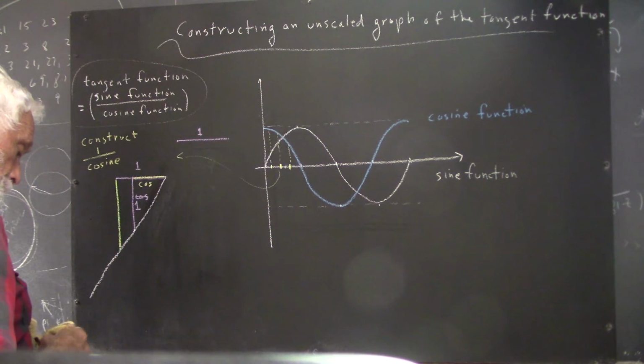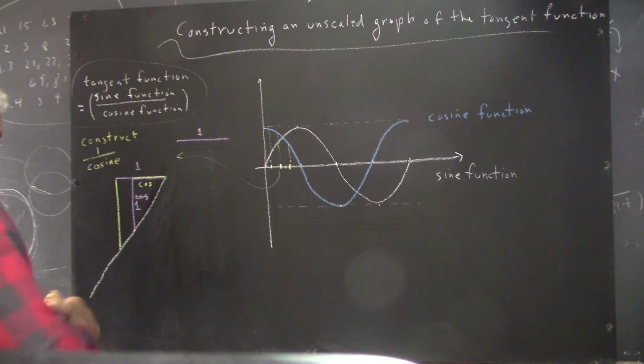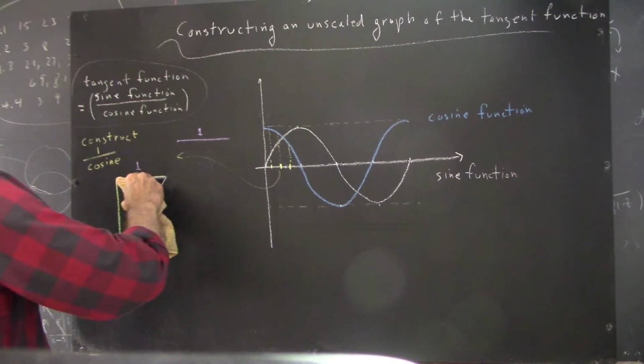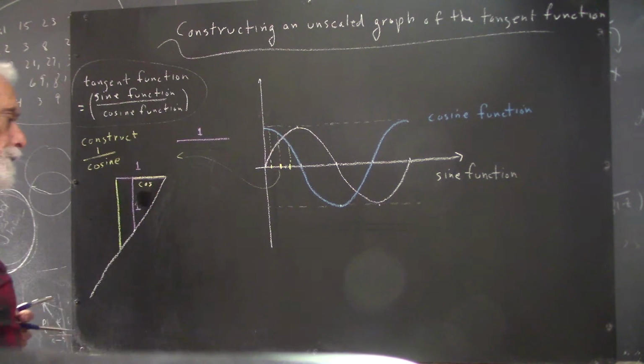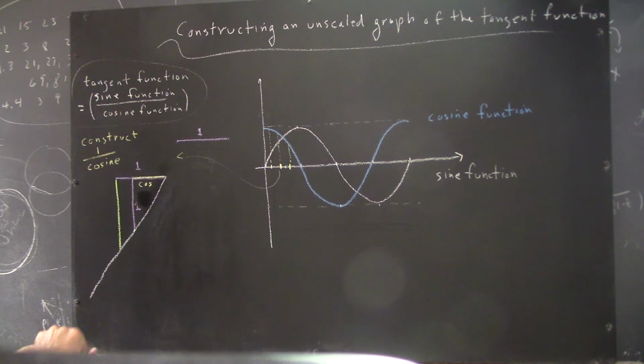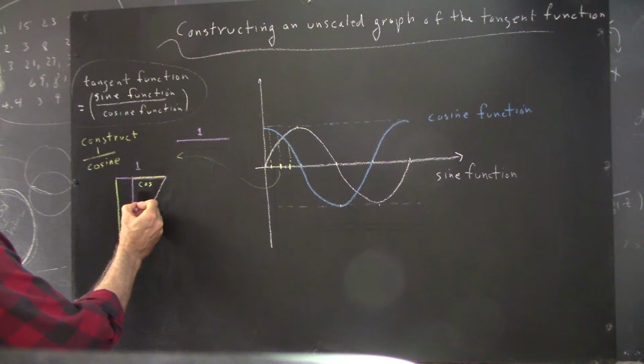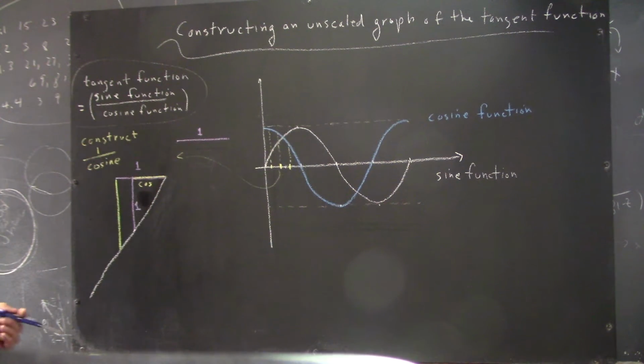Okay, now let me clean this up just a little bit. I hope I can do this without erasing too much of my picture. Okay, my 1 got violated just a little bit here, but there we go.